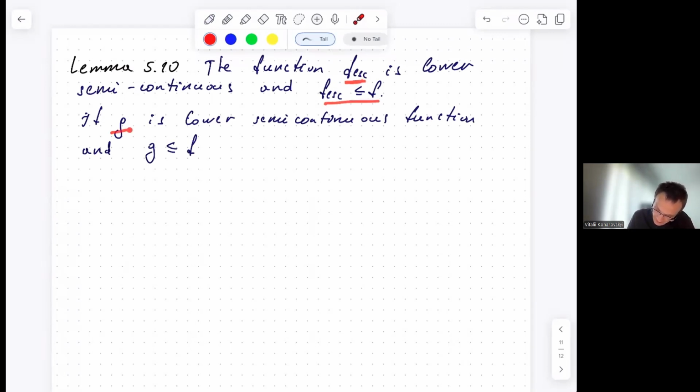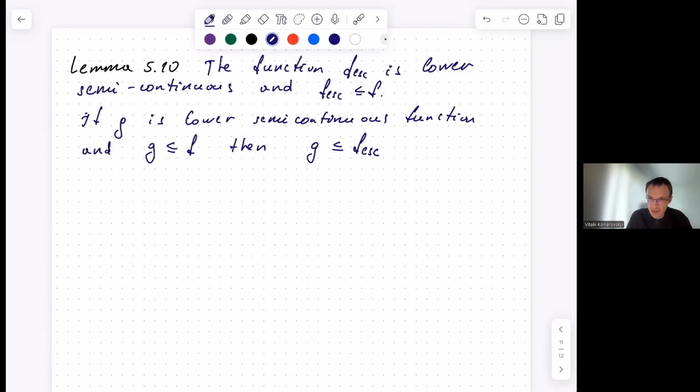But if you take another function that satisfies the same property, then g is smaller or equal than the lower semi-continuous regularization of f.